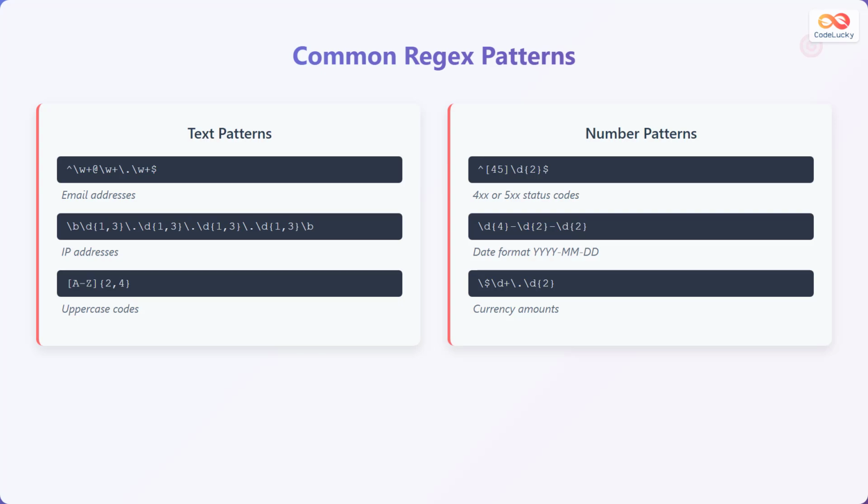[A-Z]{2,4} matches uppercase letter codes. For number patterns, [45]\d{2} matches 400 or 500 series status codes. \d{4}-\d{2}-\d{2} matches date formats like year, month, day. \$\d+\.\d{2} matches currency amounts.